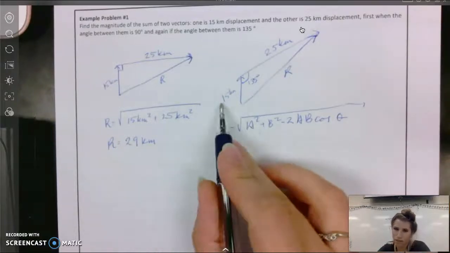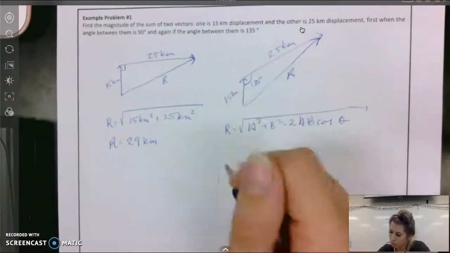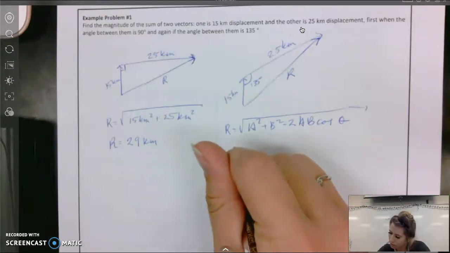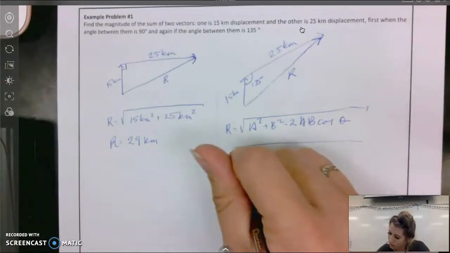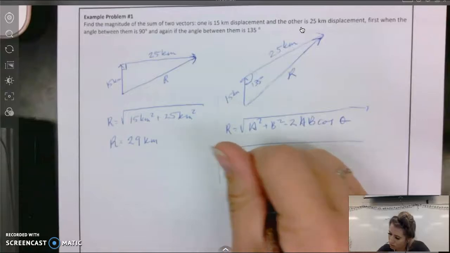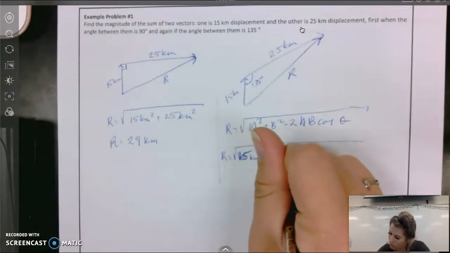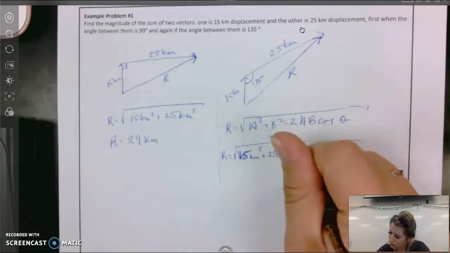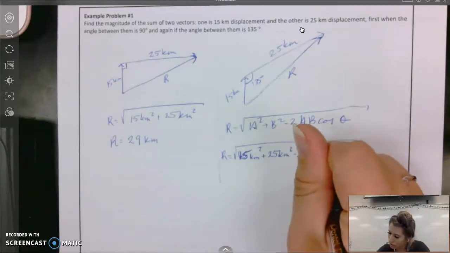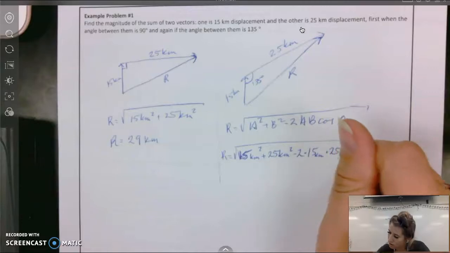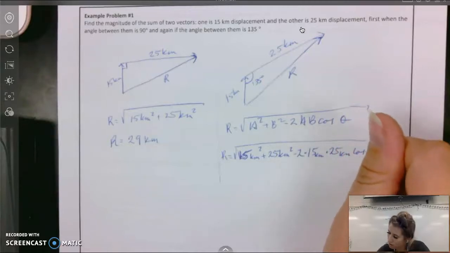We'll just say that 15 is our A and 25 is our B. So that would be 15 kilometers squared plus 25 kilometers squared minus 2 times 15 kilometers multiplied by 25 kilometers cosine 135.